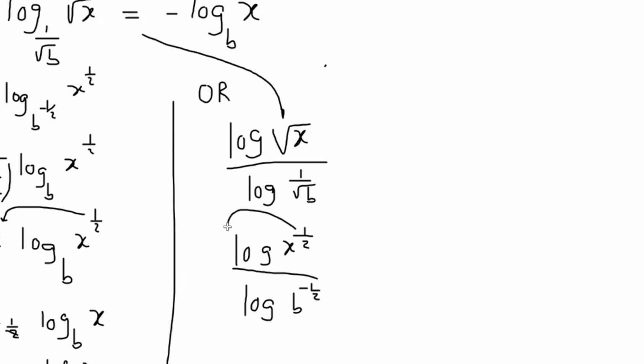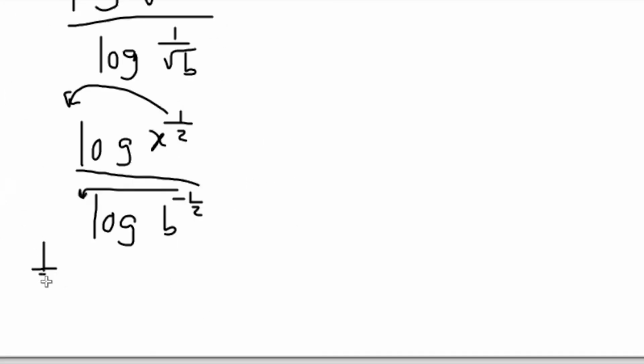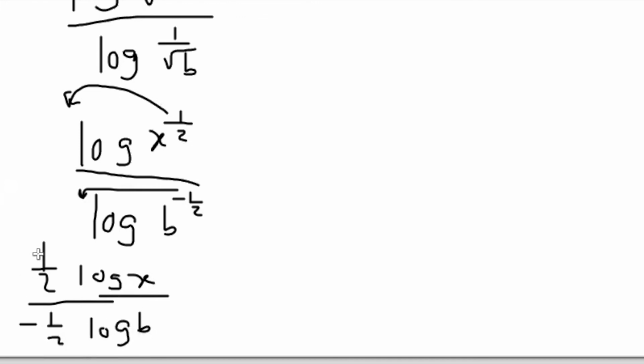So carry the powers in front, so I have the power a half in front, and the minus a half going in front of the log. So I have a half log x in my numerator, and within my denominator, I will have minus a half log b. The halves will cancel, so all I'm left with is the minus sign.